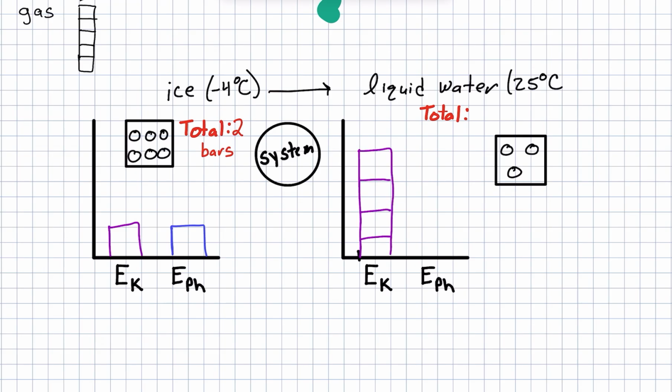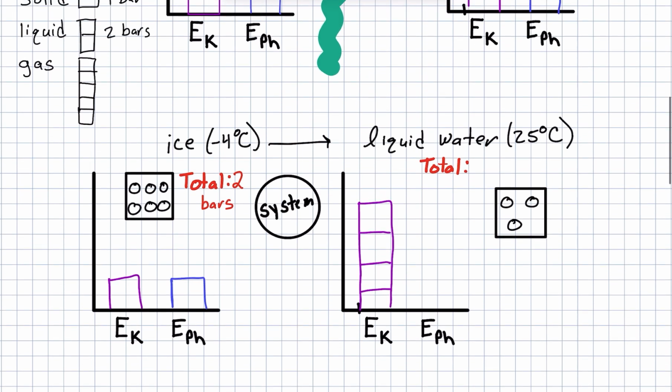And so I'm going to say that I now have 4 bars of kinetic energy. My phase energy, remember, that's set in stone. That is predetermined. My liquid is 2 bars of energy. And so this gives me a total of 6 bars of energy.